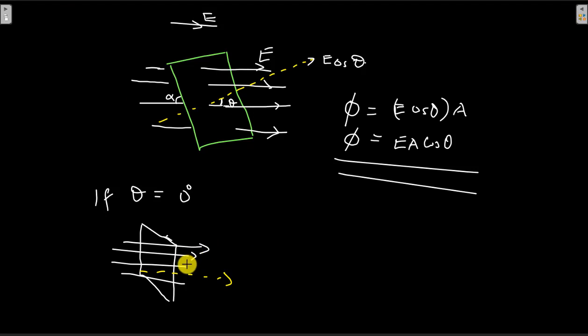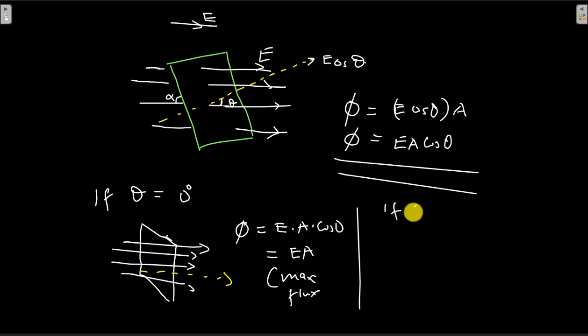In that case, we'll have phi, the electric flux, as E times A times cos of 0, which is 1. So we have E times A, and in this case we have the maximum electric flux.